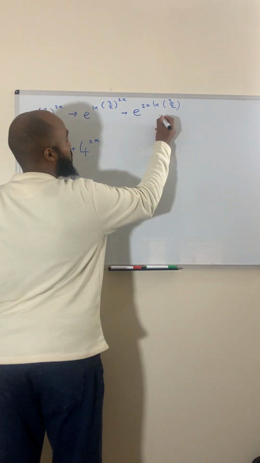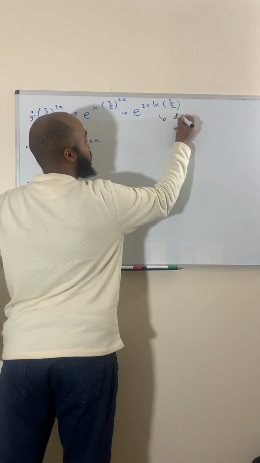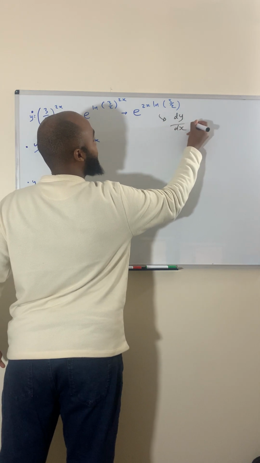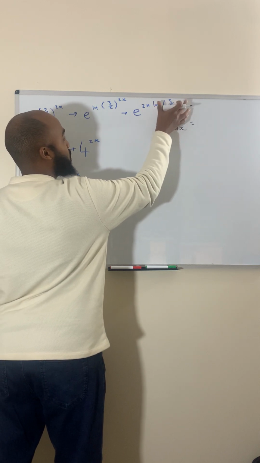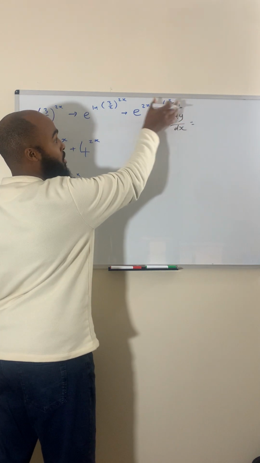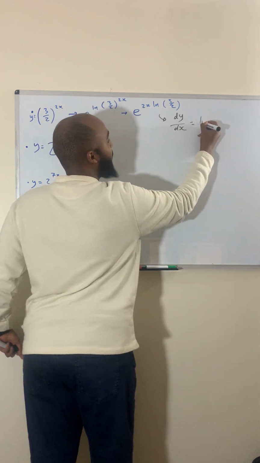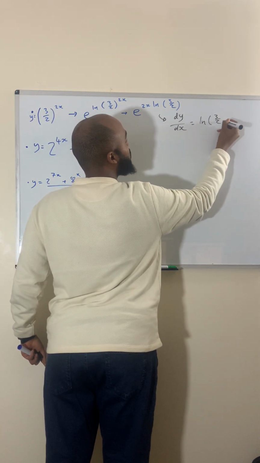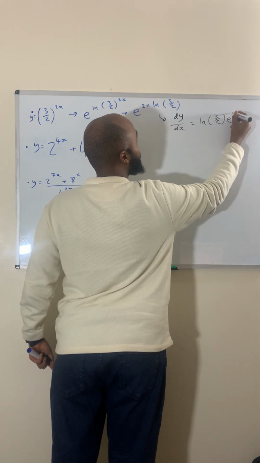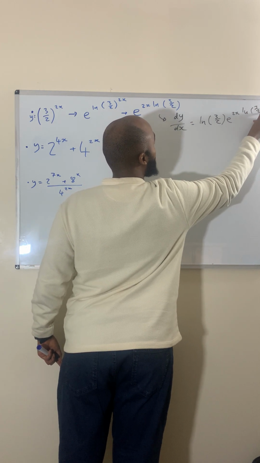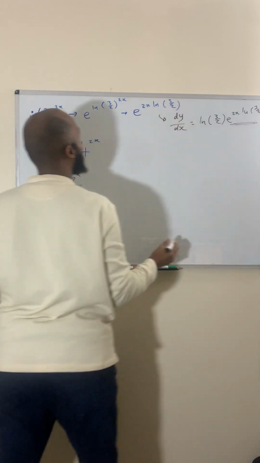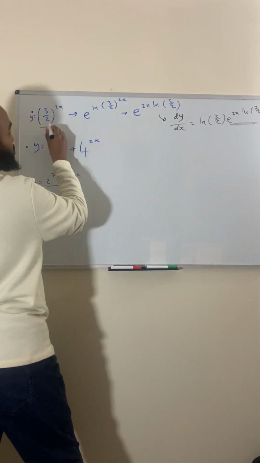Now it's easier for me to differentiate. So dy over dx is equal to, when you differentiate e to the x, you bring everything that's multiplied to the front. So I write ln 3/2 e to the 2x ln 3/2. We know that this part here is this part because that's what we did.